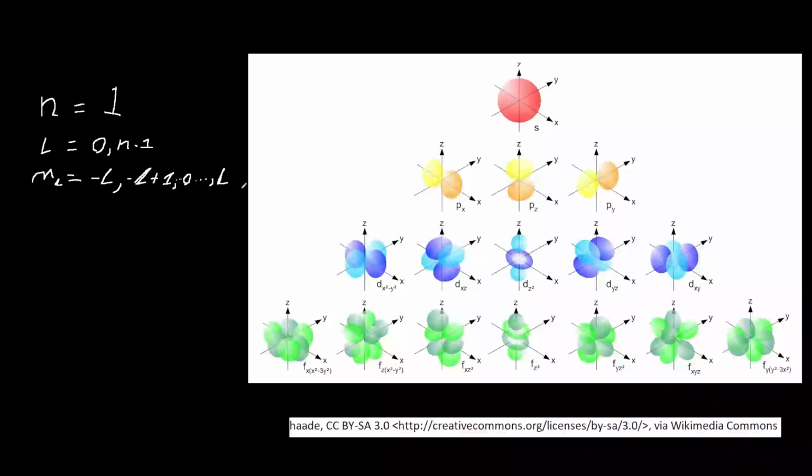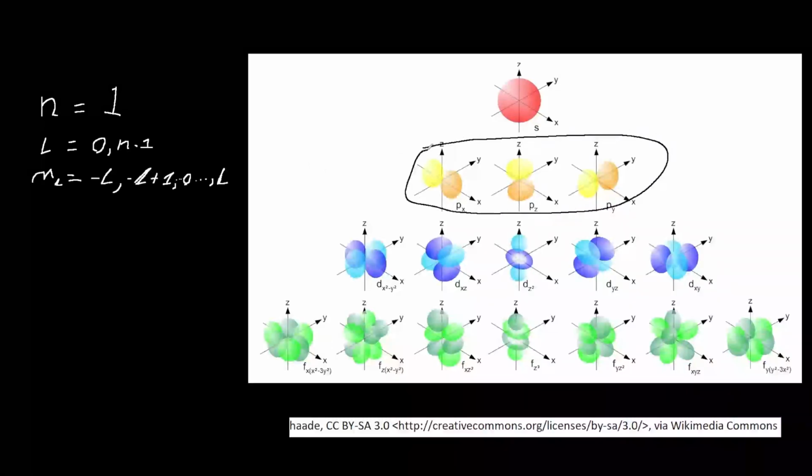This makes perfect sense. Because if L is equal to 0, then we just have 0. If L is equal to 1, we have minus 1, 0, 1.